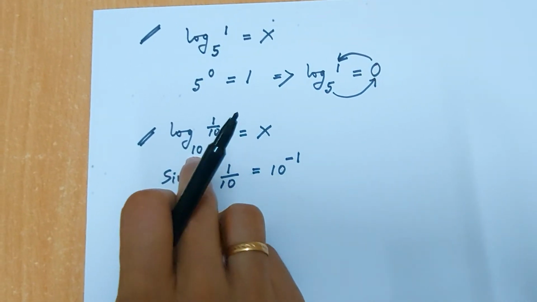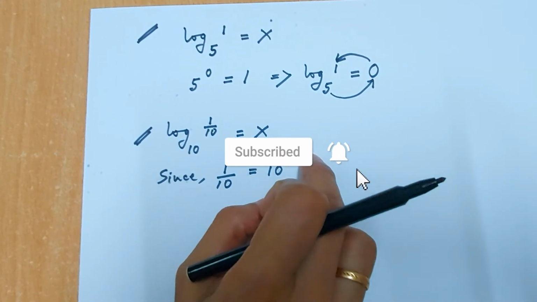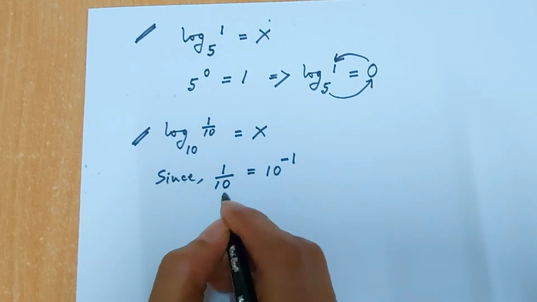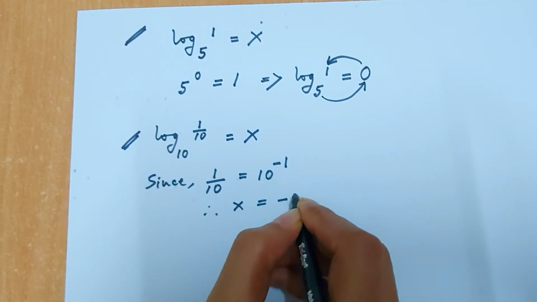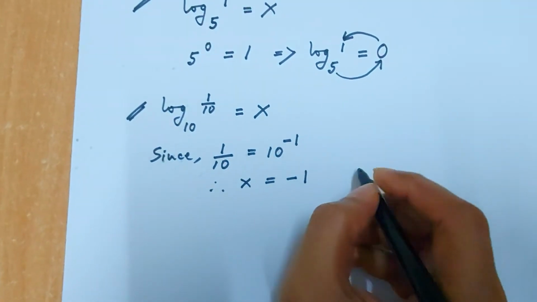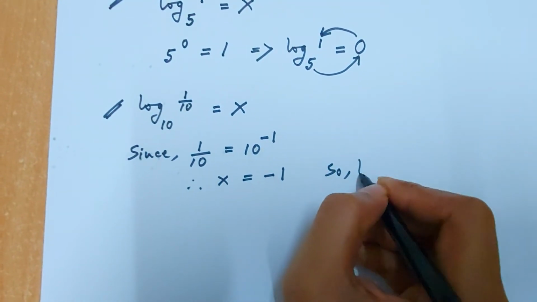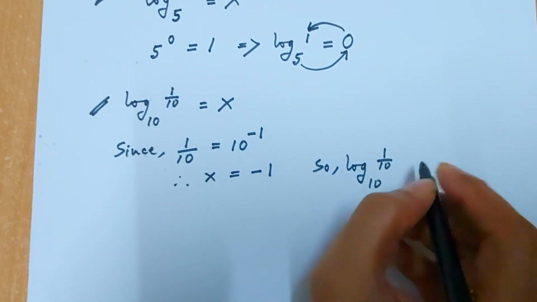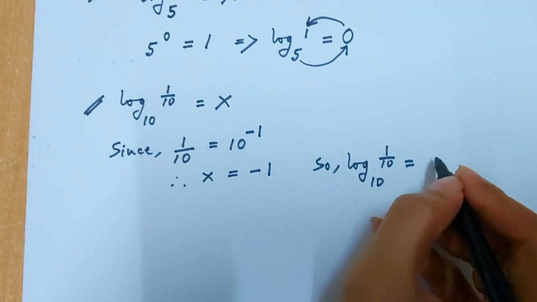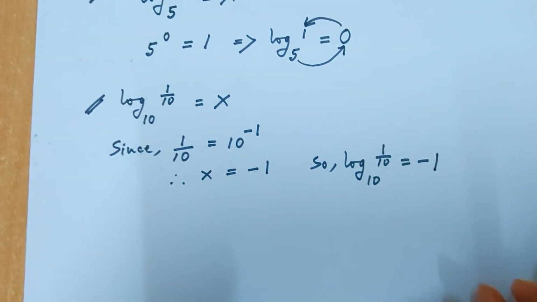So 10 is the base, 10 to the power negative 1. That means x equal to negative 1. So log of 1 over 10 to the base 10 equal to negative 1.